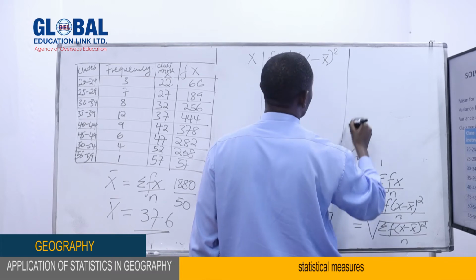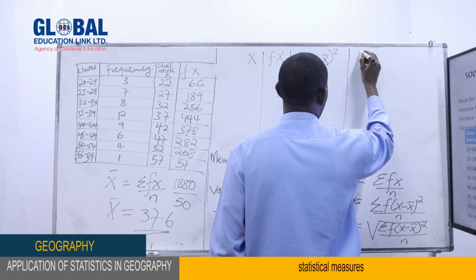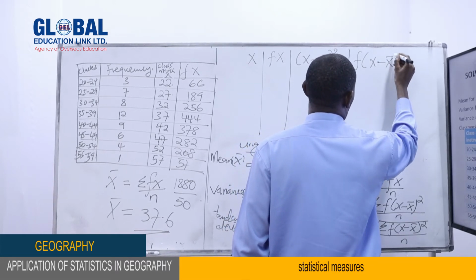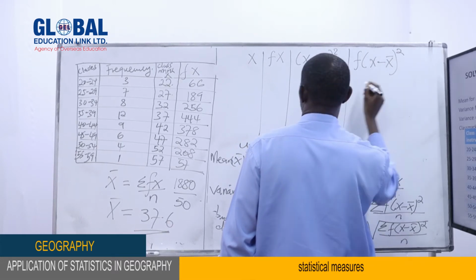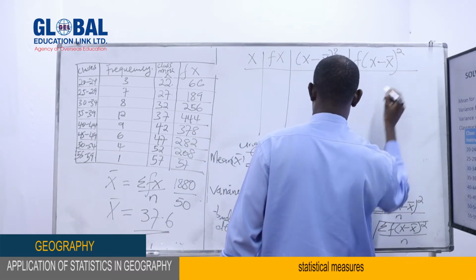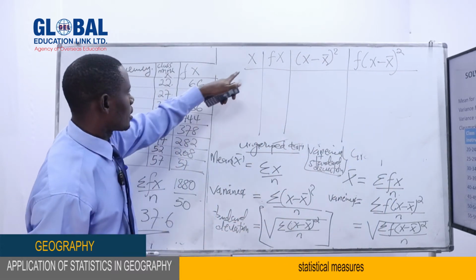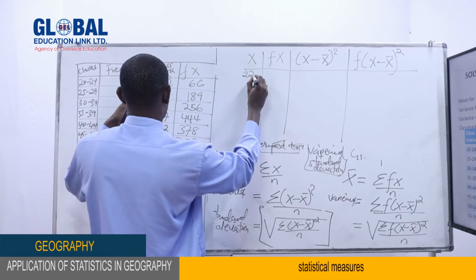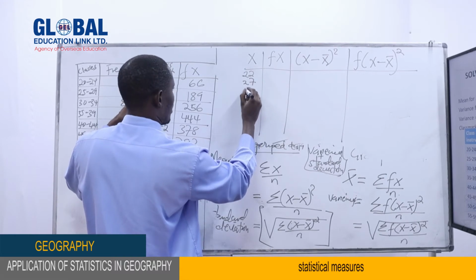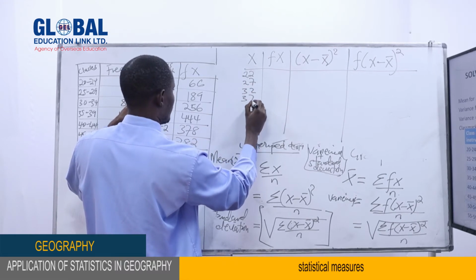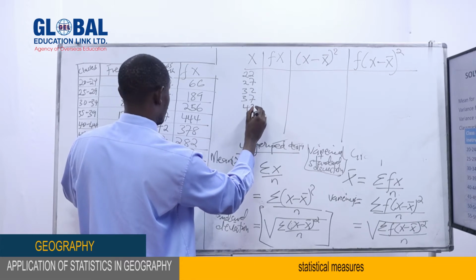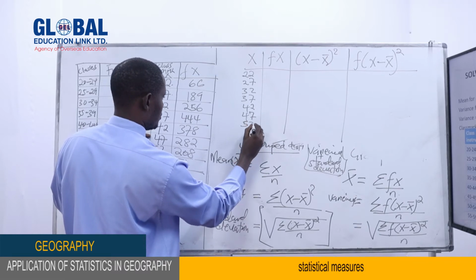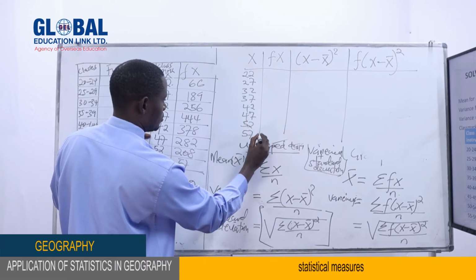Then we have another column for f times bracket x minus x bar squared. So from our data, we take the class marks that we have obtained over there. So we have 22, 27, 32, 37, 42, 47, 52, then 57.